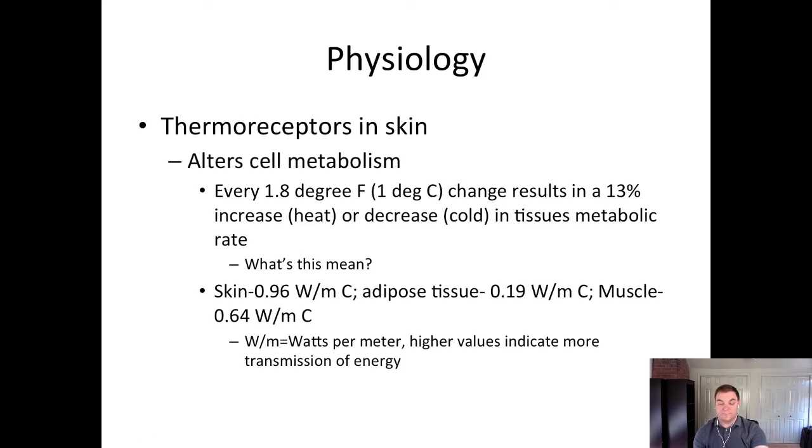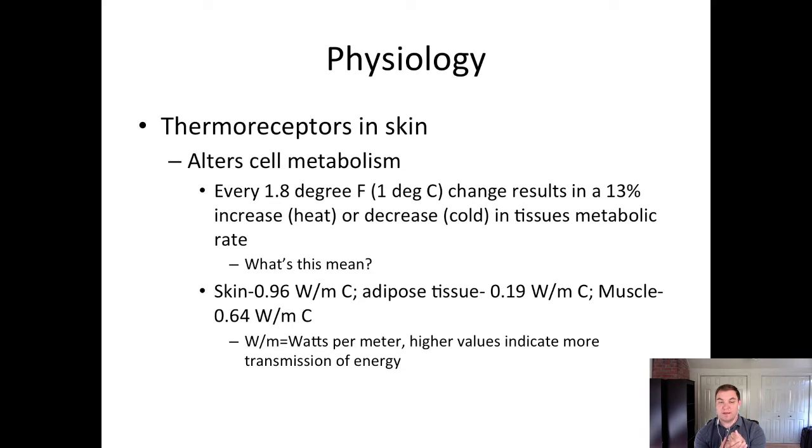That is important because if we're using a thermal modality in an area of high adipose tissue, it does not transfer that energy as well as in an area that's pretty much just skin. If you think of your ankle or your hand, it's pretty much skin, a tiny little bit of fat, and some bone, right?